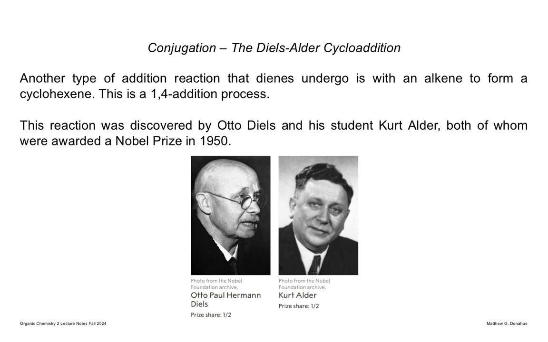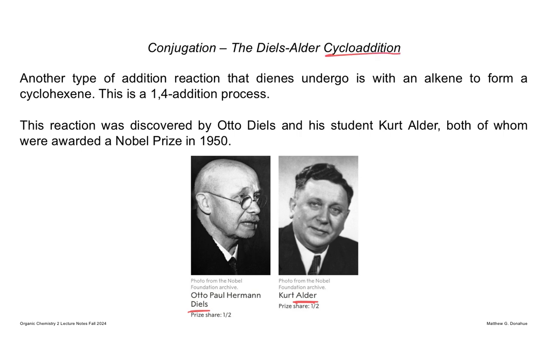So the next reaction has a name. One of the things that's a little bit different this semester is that a lot of these reactions are known by the people that discovered them, and this is called the Diels-Alder cycloaddition. So here's Diels, here's Alder. Those are people's names.